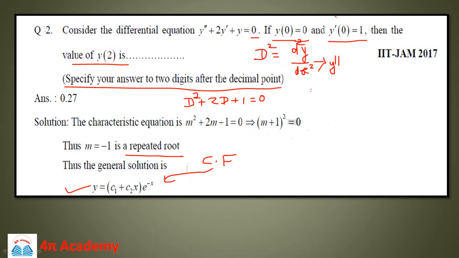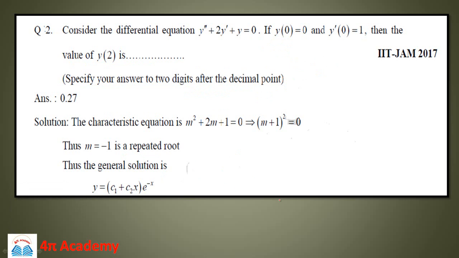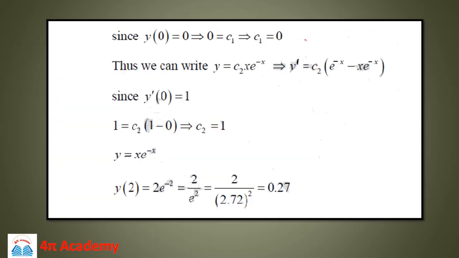Okay, let me clear this. So now we are going to use the first condition, which is y of 0 is equal to 0. It means that if you put the value of x as 0, you get the value of y as 0.